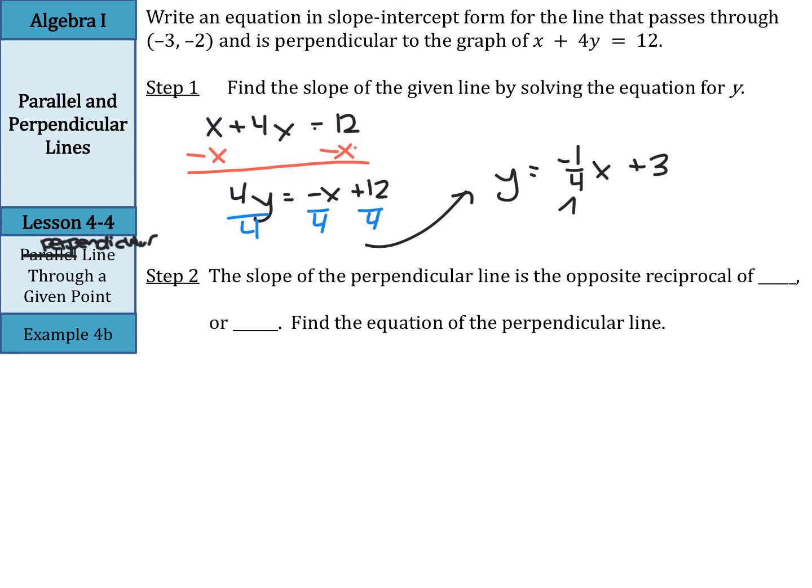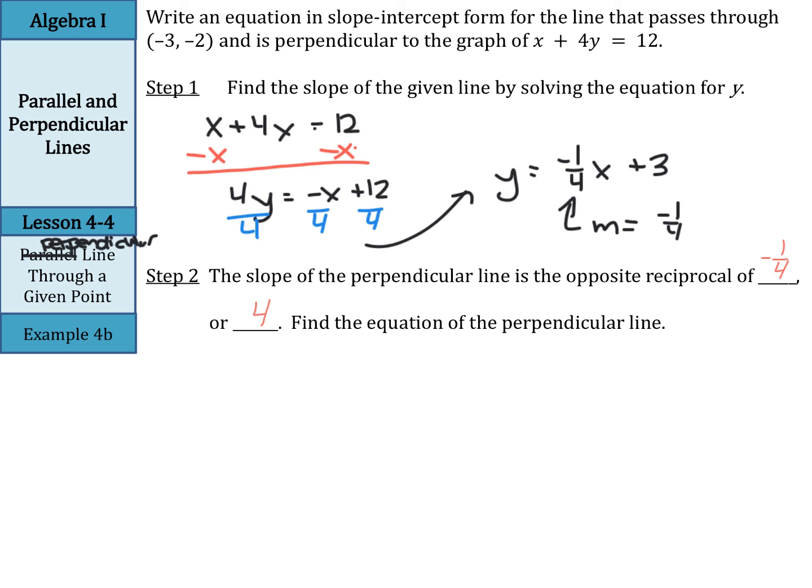So the slope of this line is negative 1/4. So the slope of the perpendicular line is the opposite reciprocal of negative 1/4, which is simply 4. So find the equation of the perpendicular line.